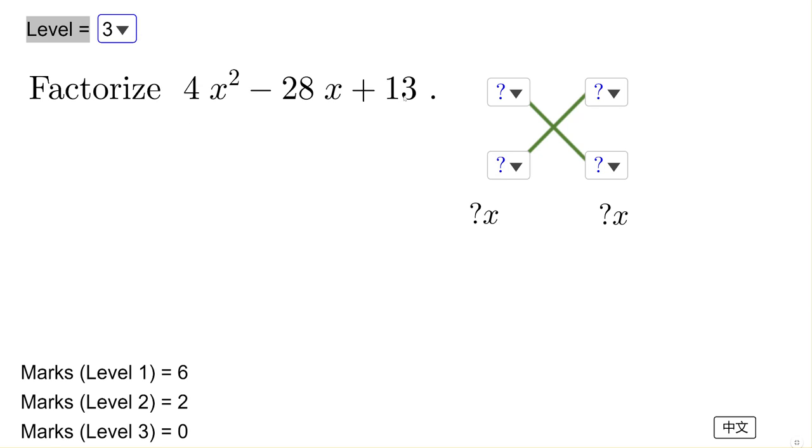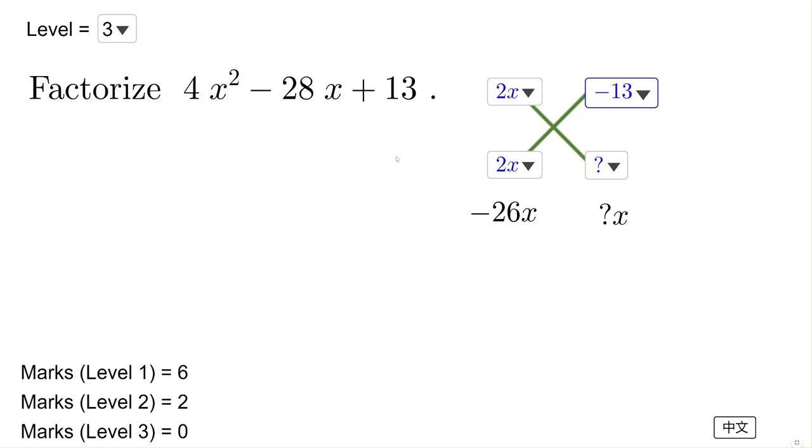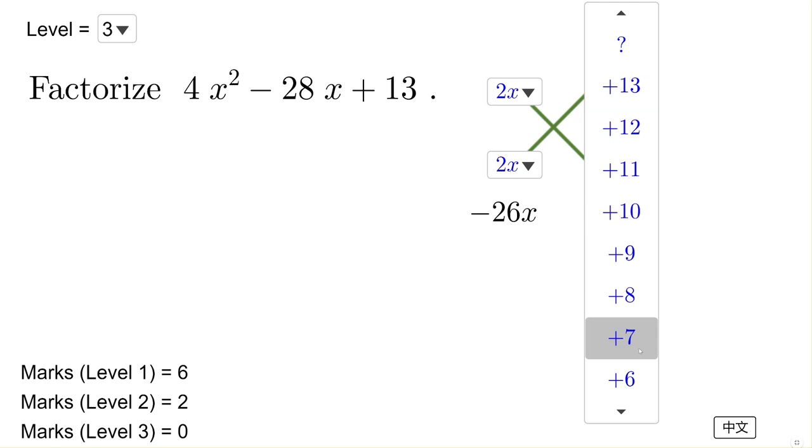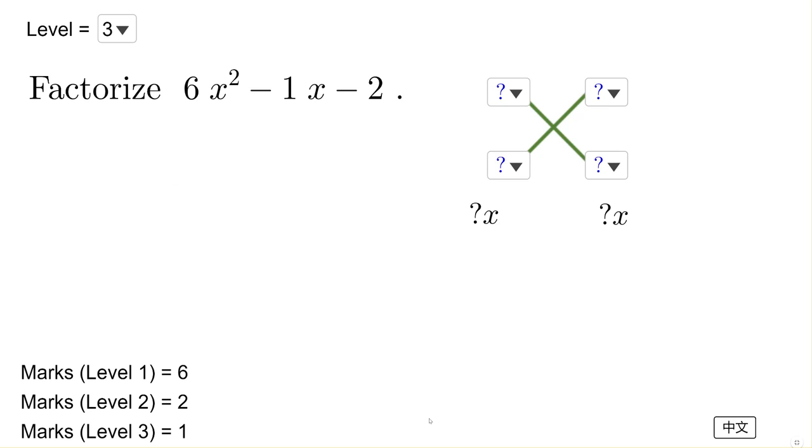Here you could definitely not factorize 13, so it has to be 2 and 2. They're all positive, so it's going to be 2x and 2x, and 13 and 13, well, negative 13, and negative 1. Okay, you can clock up your score down along here, it's great.